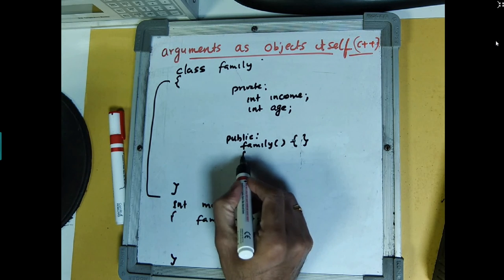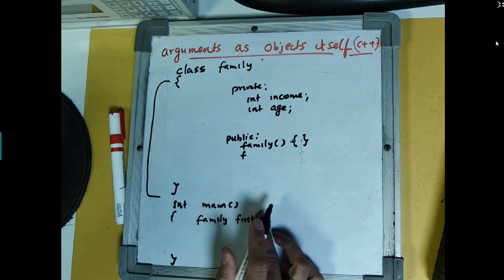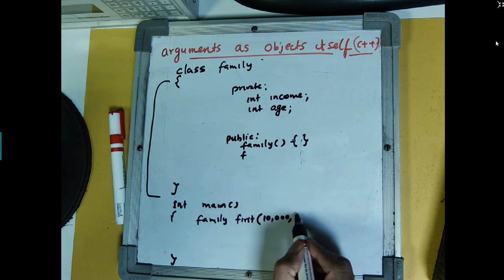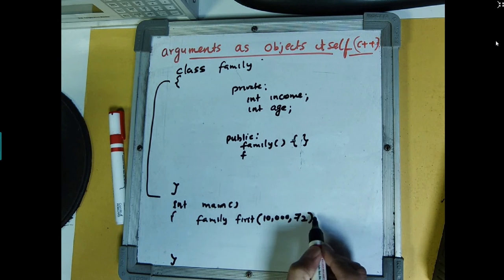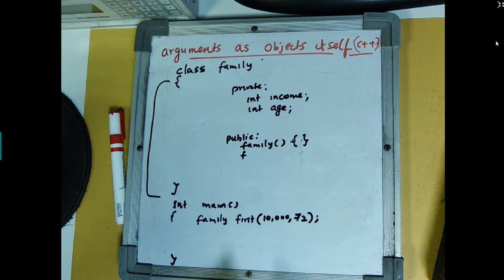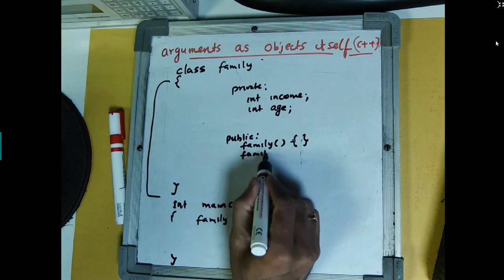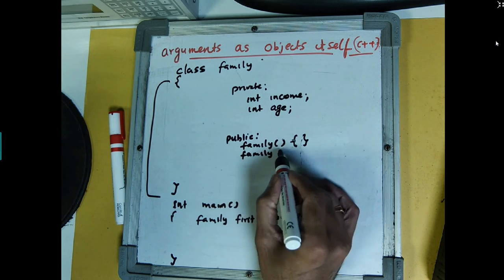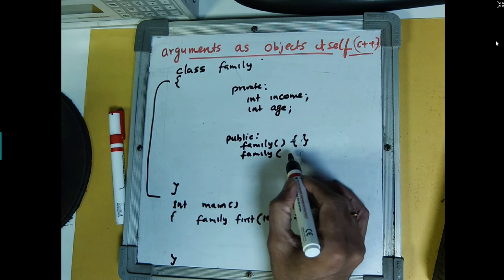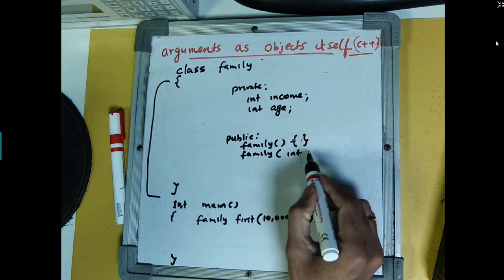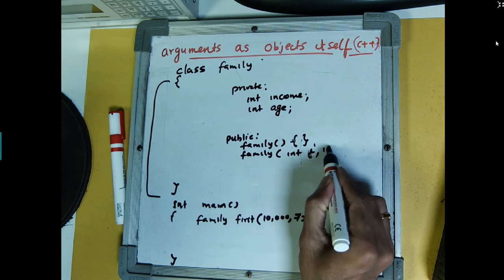Now let's say I have to pass in the first, the income is 10,000 and age is equal to 78. That means it is a constructor with arguments, so I have to write family, then integer i for income and a for age.